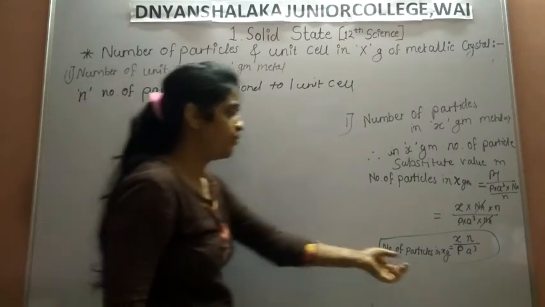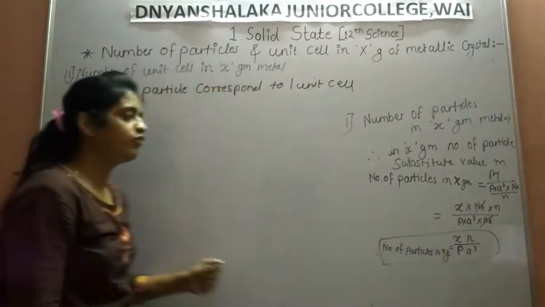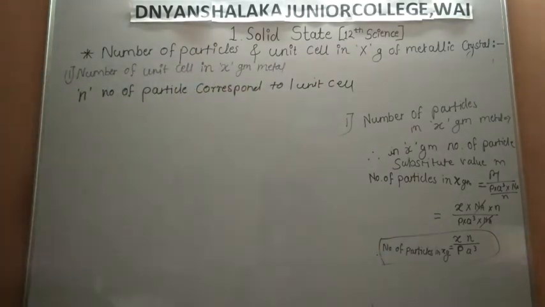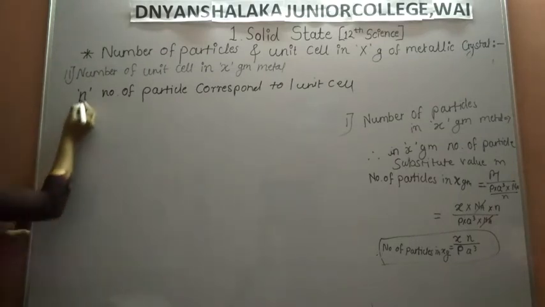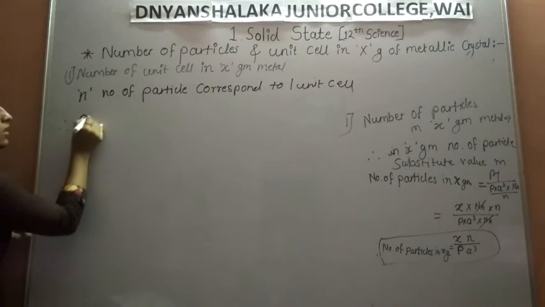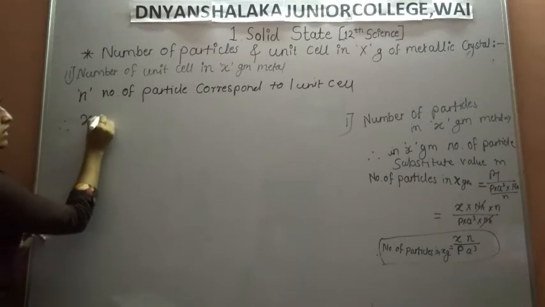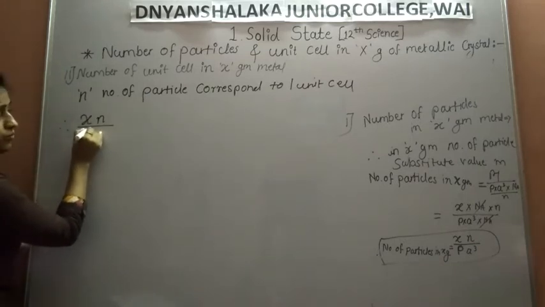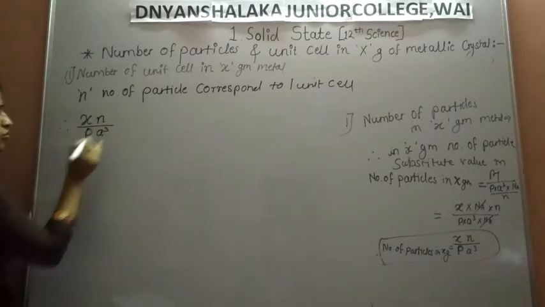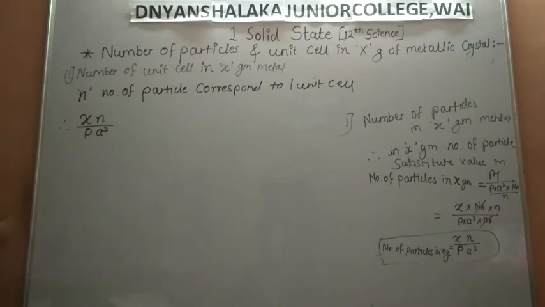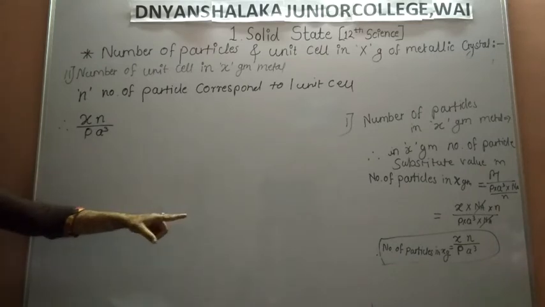So in this, for the number of particles in x gram, we found the formula: x into n upon rho into A cube. This is the value of n that we found in the first point, number of particles in x gram.